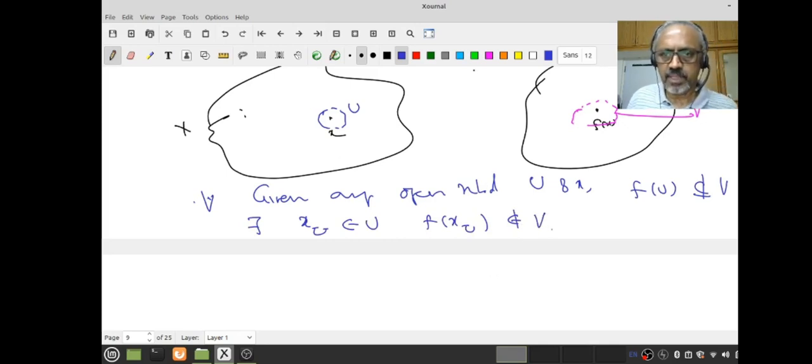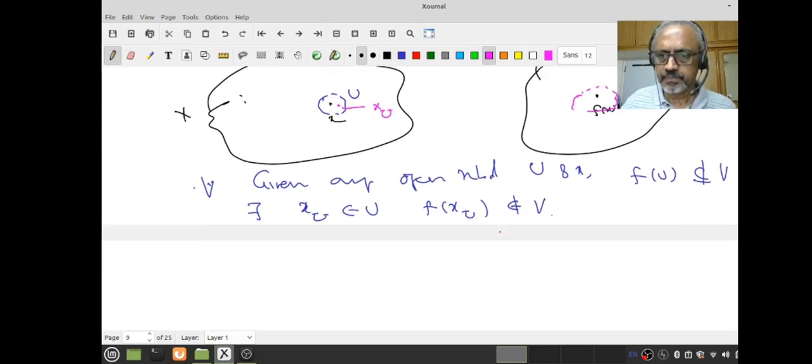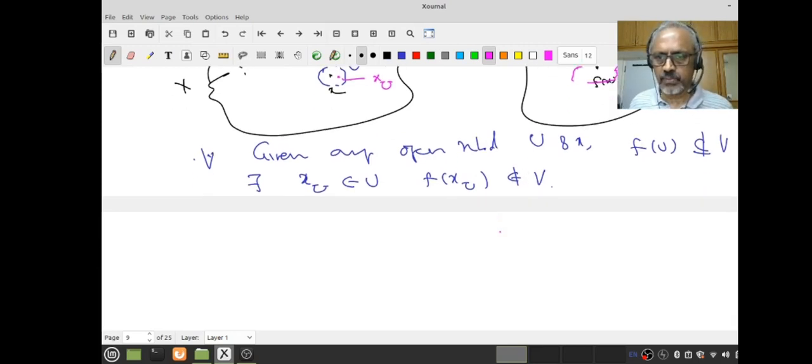This is a bad element. This is my x_U. It may depend on U. That's why I'm defining it like x_n, right? I'm defining x_U. This is not in V. Do you follow that? Yes or no? Good.